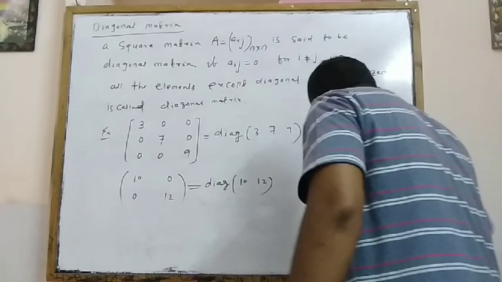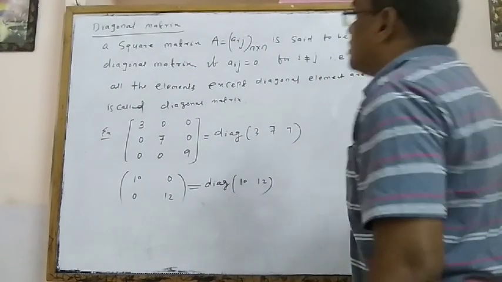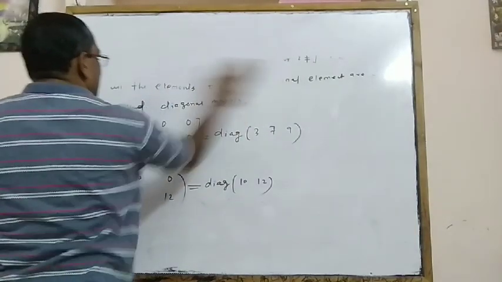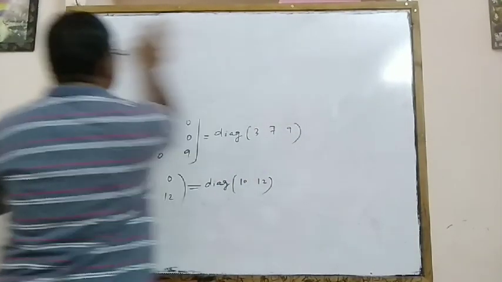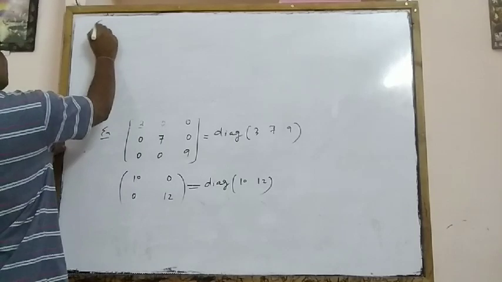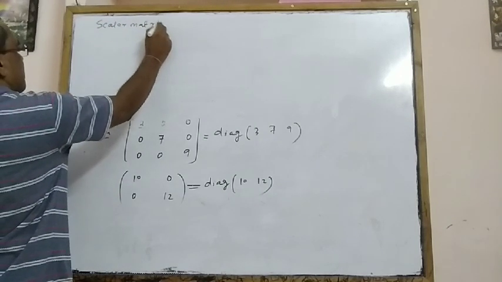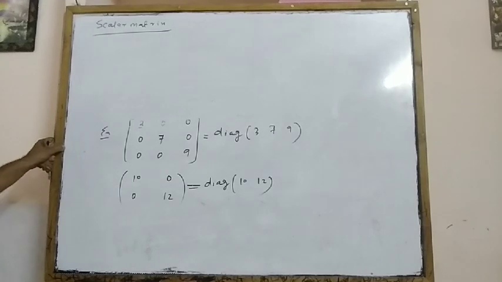Next, scalar matrix. After diagonal matrix, we say scalar matrix. So what do we mean by scalar matrix?